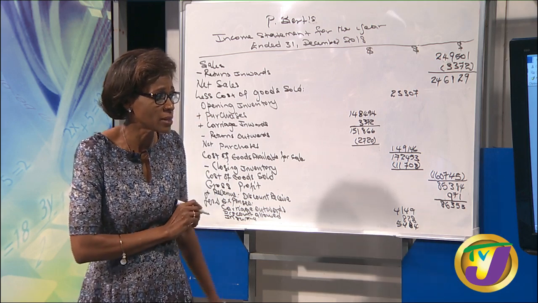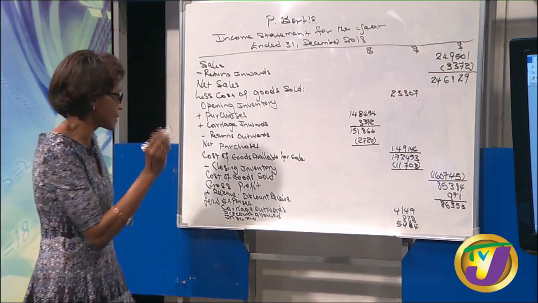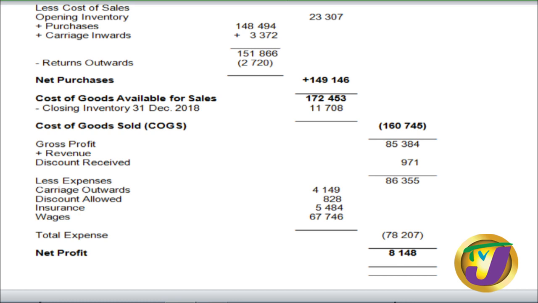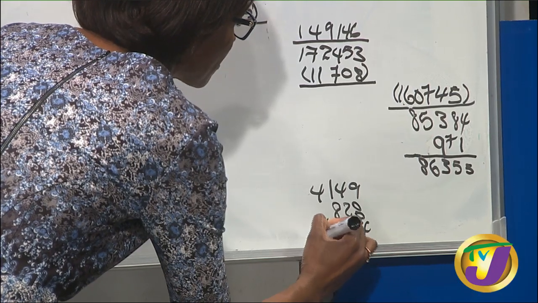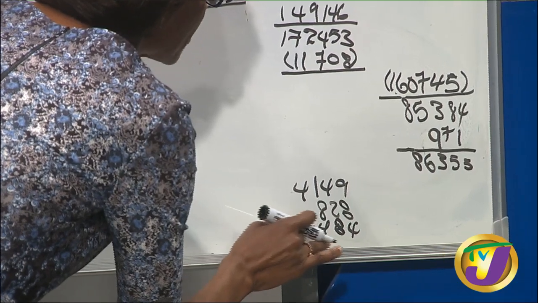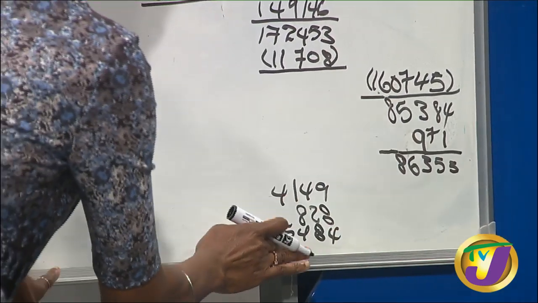And the last expense we have is wages, which works out to be $67,746. The space is limited here. I'm trying my best for you to see.